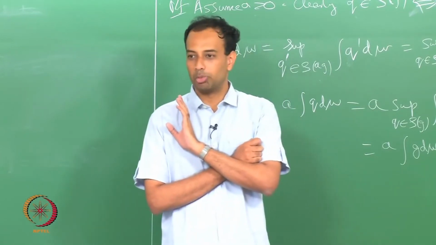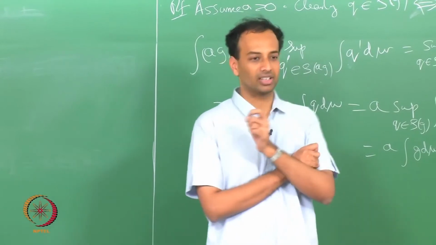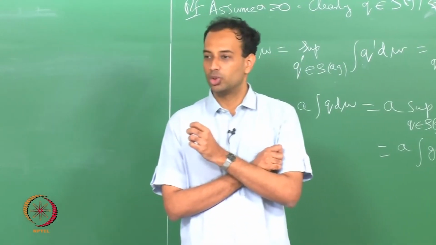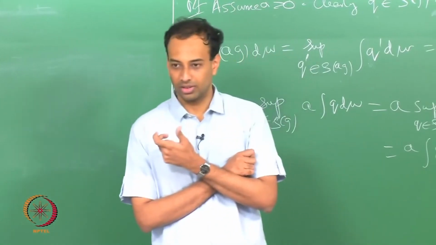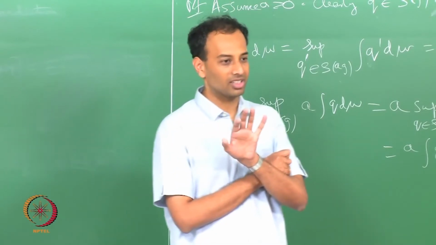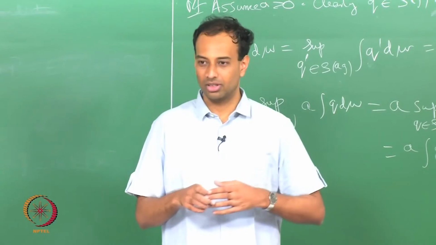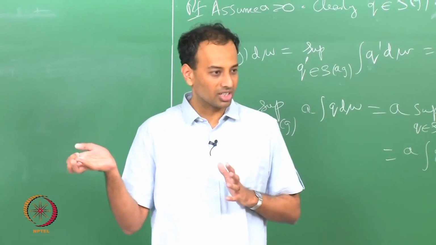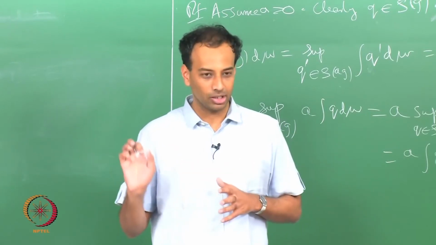But the monotone convergence theorem gives one sufficient condition under which you can interchange limit and integration. Namely, you can say that the limit of the integral is the same as the integral of the limit function. So, in particular, if f n converges to some function f, the integral of f n need not always be equal to the integral of f.